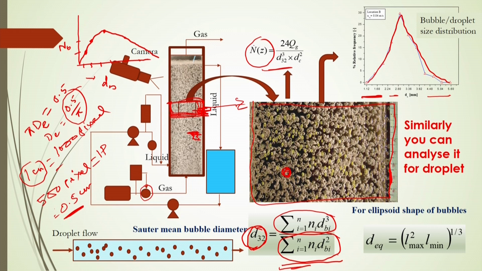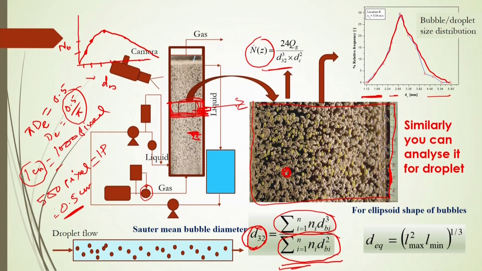So you can represent it in terms of the density of the bubbles as a function of bubble diameter. Also, you can represent the size distribution based on relative frequency. What is relative frequency? If you consider the 200 bubbles, then for individual classes, how many bubbles you are getting.